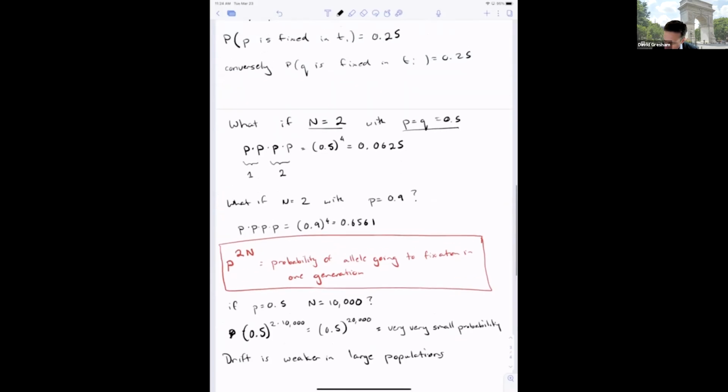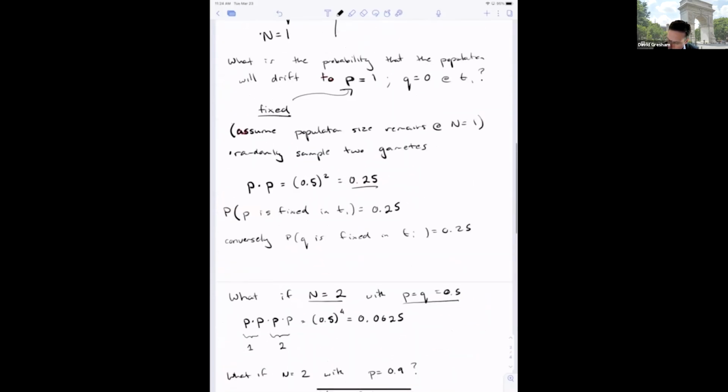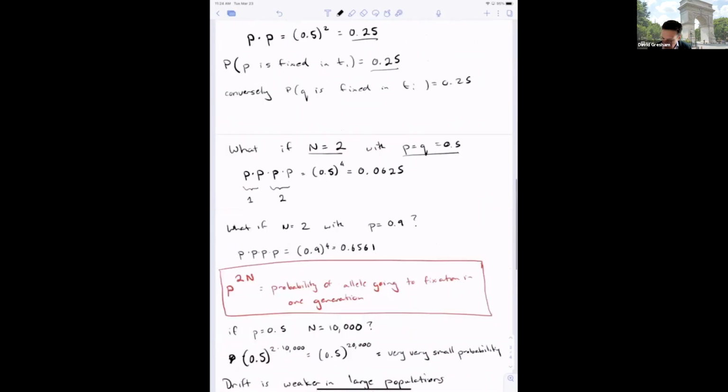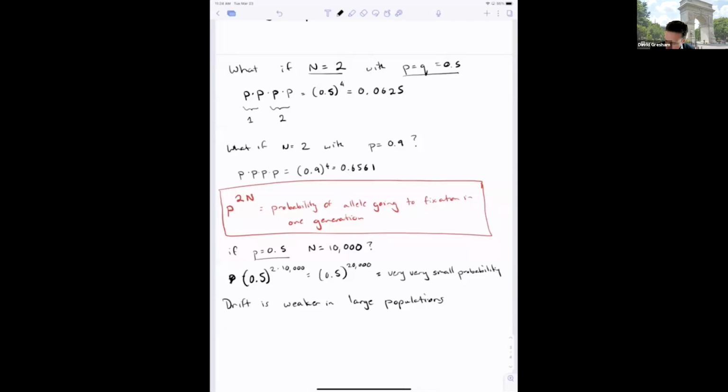In the case of having a small population size, we can see that it's reasonably likely that we're going to go to fixation in just a single generation, whereas if we had the same allele frequency of 0.5, but a much larger population size, the probability that it's going to go to fixation in a single generation is much, much smaller.